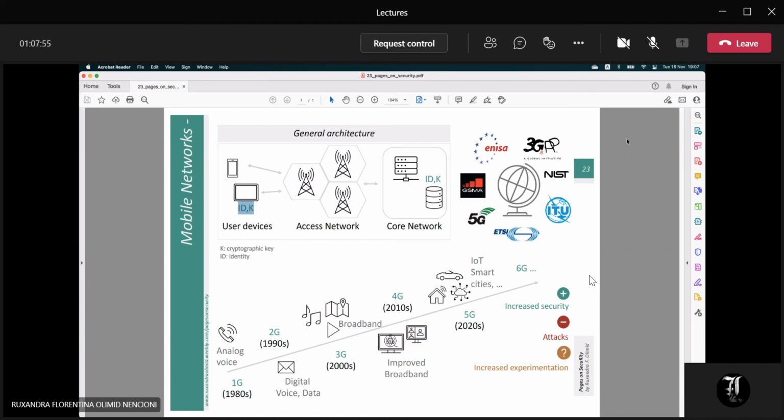Something we kind of talked about before. Yes, what is on this side here? Organizations that are responsible for developing the protocols, developing the standards, and so on.